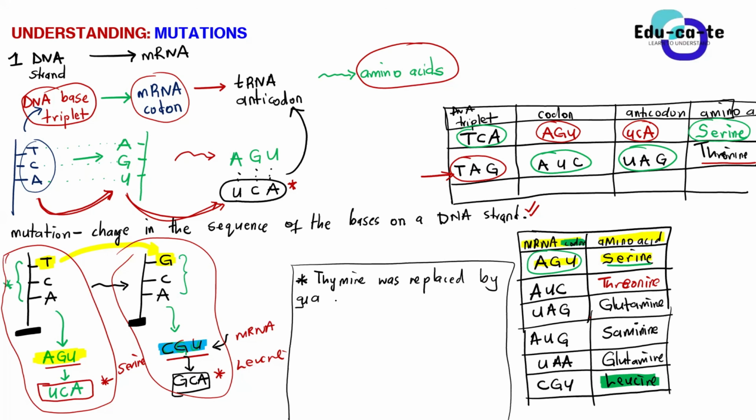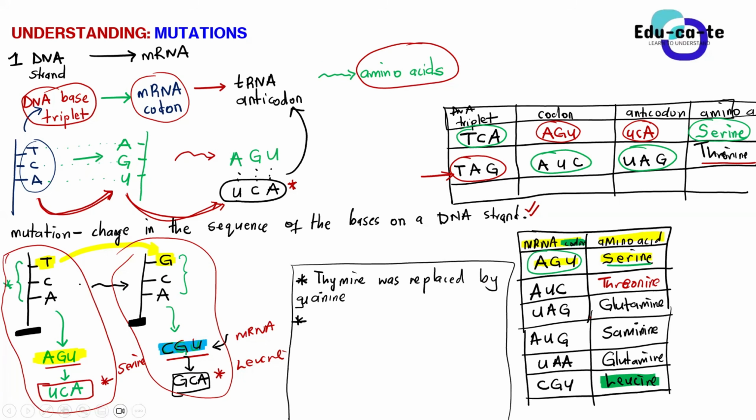Because instead of having TCA, we now have GCA. So it means the T has been replaced by G. Or you can also say that the DNA-based triplet changed from TCA to GCA.